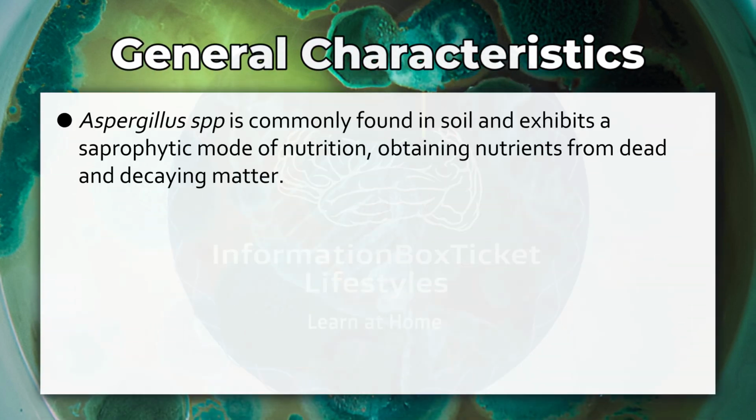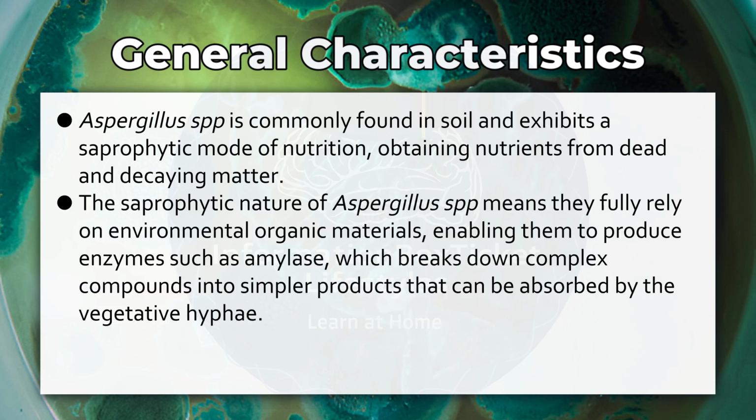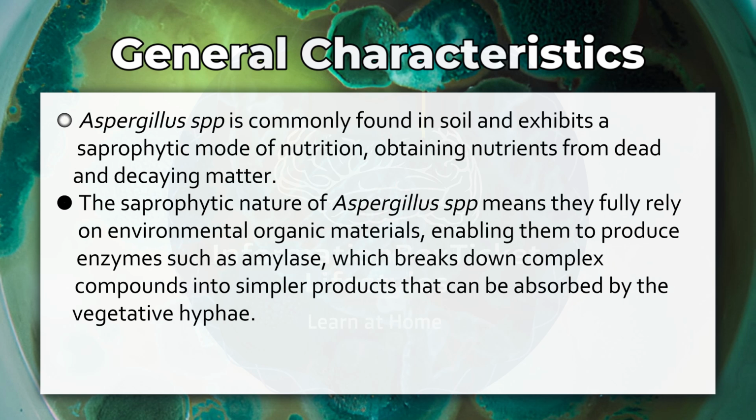Aspergillus species is commonly found in soil and exhibits a saprophytic mode of nutrition, obtaining nutrients from dead and decaying matter. The saprophytic nature of species means they fully rely on environmental organic materials, enabling them to produce enzymes such as amylase, which breaks down complex compounds into simpler products that can be absorbed by the vegetative hyphae.